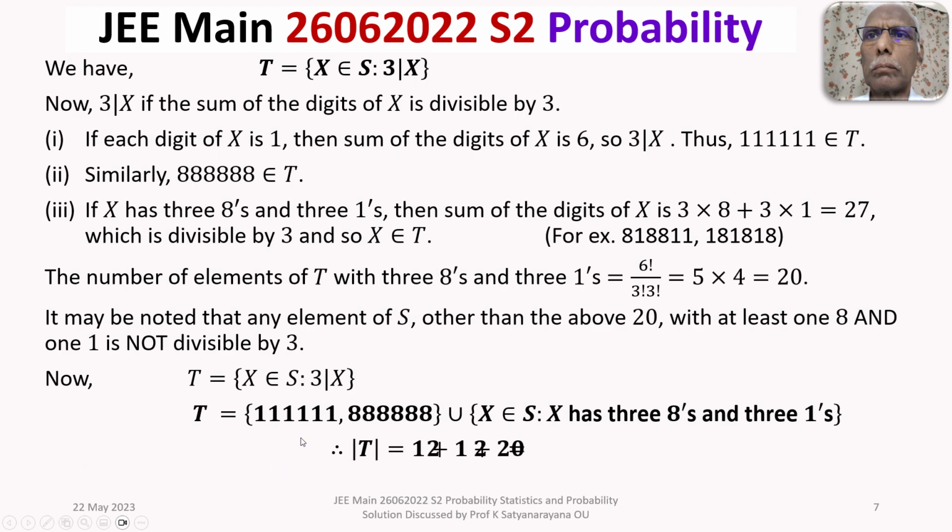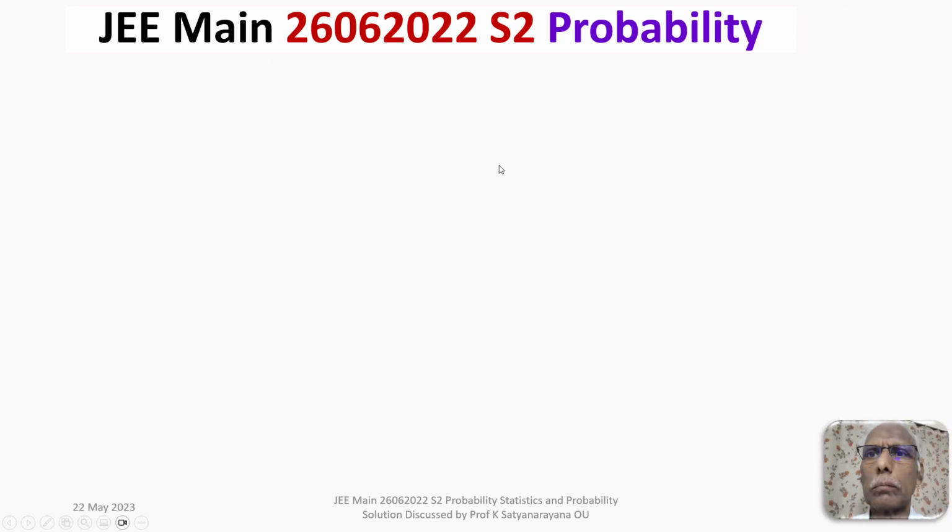The order of T is 1 plus 1 plus 20. So the total is 22. So this is the set of all those x belonging to S such that 3 divides x. Now the question is, how many of the elements of T are divisible by 7? That number will be the number of favorable events. We continue in the next slide.